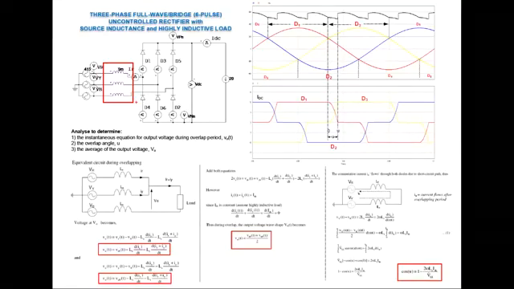And the currents through the circuits. To understand the circuit operation, let's focus on the transfer of current from D1 to D3, right at the intersection between the red and yellow phase voltages. Without the source inductance, the transfer of current from D1 to D3 happens instantaneously, isn't it?